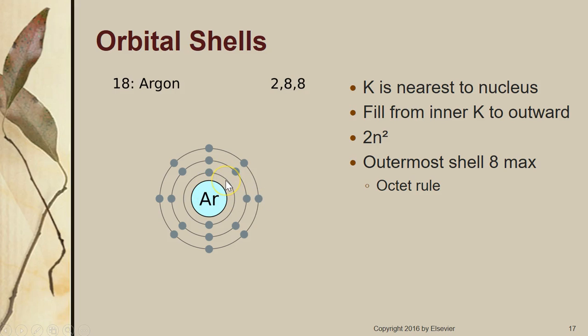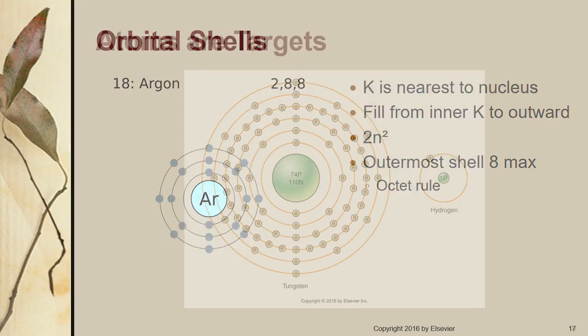They go in alphabetical order. You can never have more than 2 in K, and you can never have more than 8 in the outermost, whatever that outermost is. If it's Q, then it cannot have more than 8. Those little simple rules are the only thing you need to know about them.